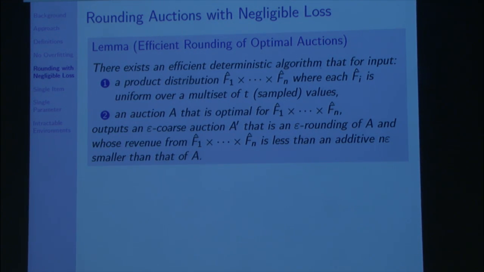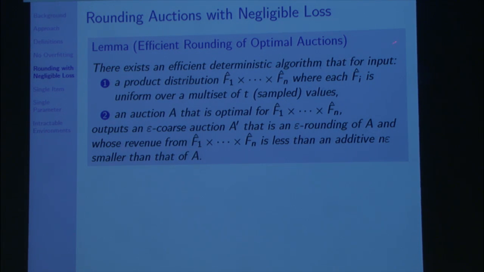So this lemma, let's state it to be sure that we're all on the same page about what still has to be proven. There exists an efficient deterministic algorithm that for input 1, a product distribution where each f hat 1 through f hat n is uniform over a multi-set of t sampled values. So this is the empirical distribution, the Cartesian product of distributions.